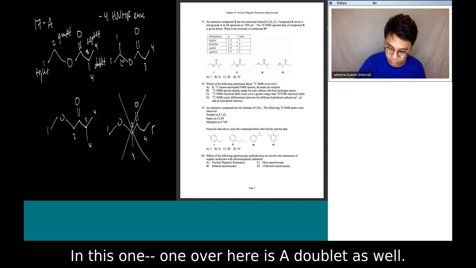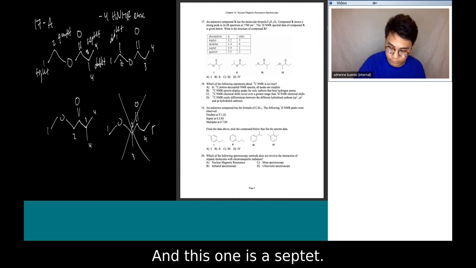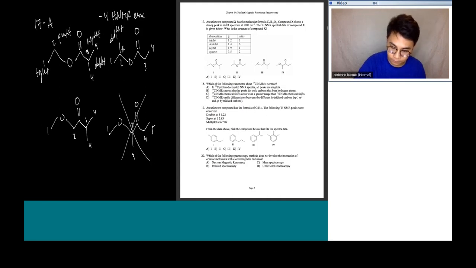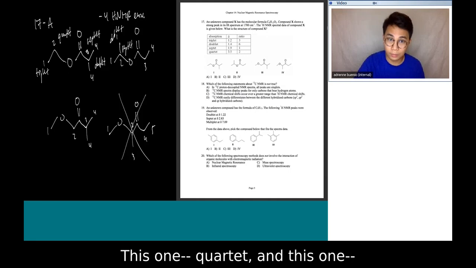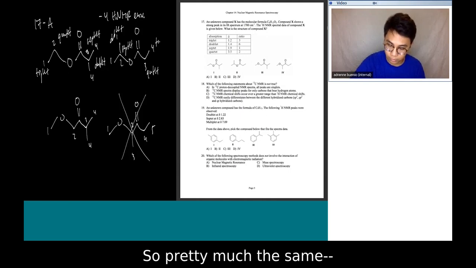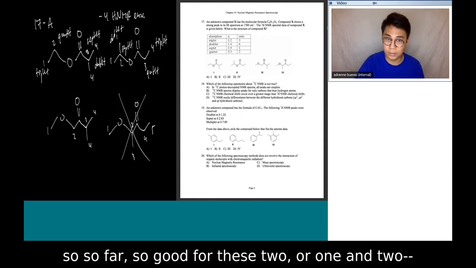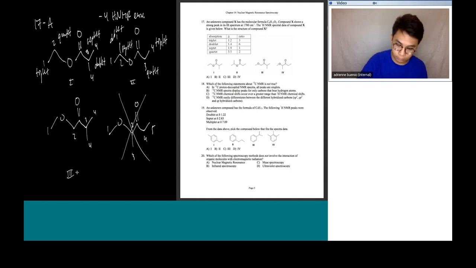This one over here is a doublet as well. This one is a septet. This one, quartet, and this one, triplet. So pretty much the same, right? So far so good for these two, or 1 and 2, 4.